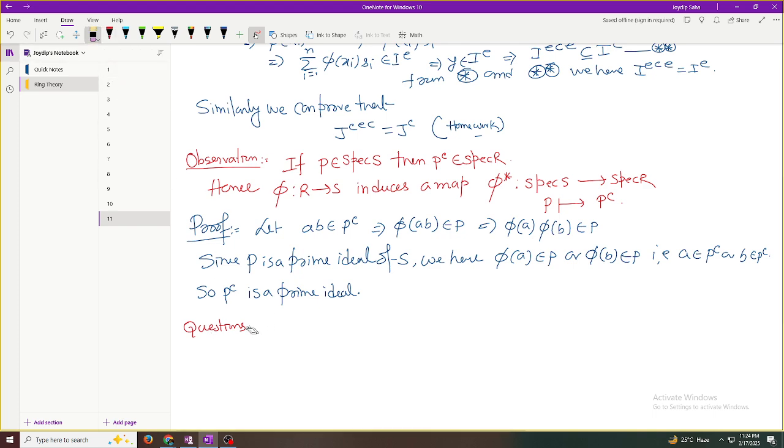Question: what are the ideals of the quotient ring R mod I?